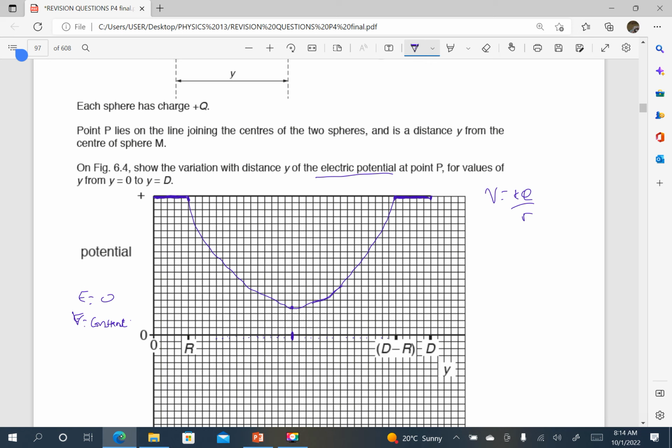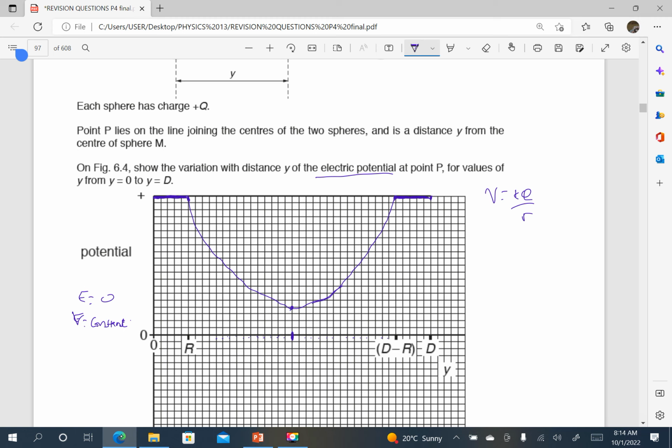You can draw a better one, but essentially that is the graph. It has a minimum point between the two spheres at their center. Minimum at the midpoint.